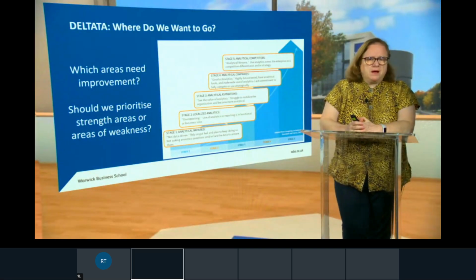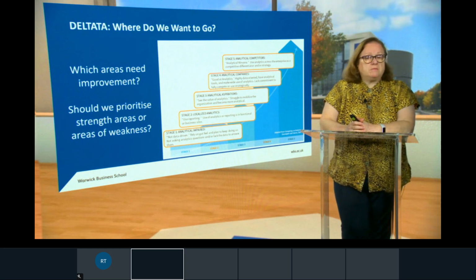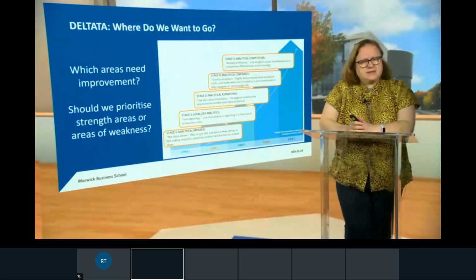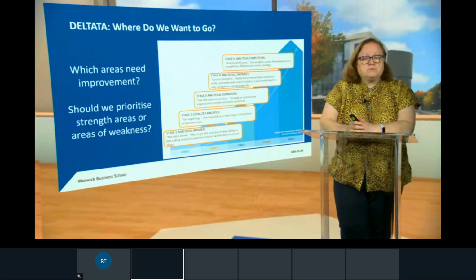And that then becomes the question of what should you prioritize. Should you prioritize the development of things that you are good at, your strengths, or should you prioritize developing areas of weakness? So when you do the Delta Plus analysis, we then got you in week 1 to prioritize those Delta Plus elements.